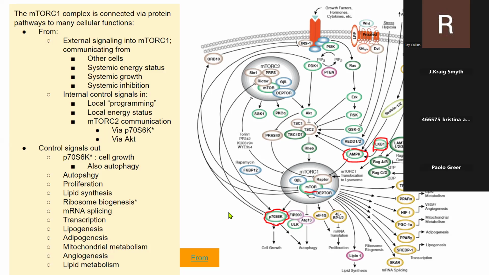And what all this does is it allows mTORC1 to put out control signals to the cell. And one of them is this P70S6K that we talked about a little bit, and I put stars by the ones that we talked about earlier. And that stimulates cell growth.